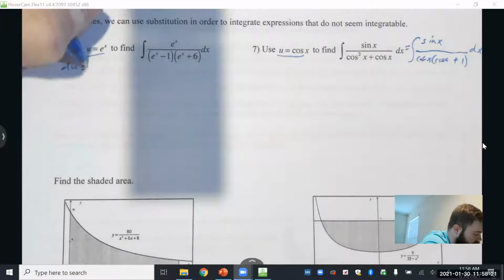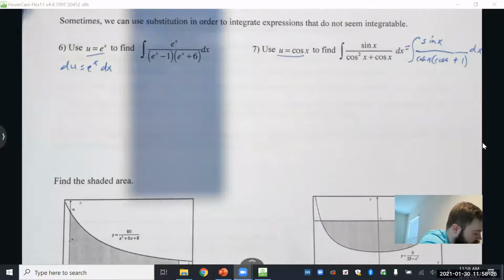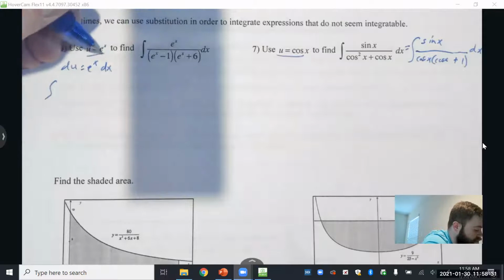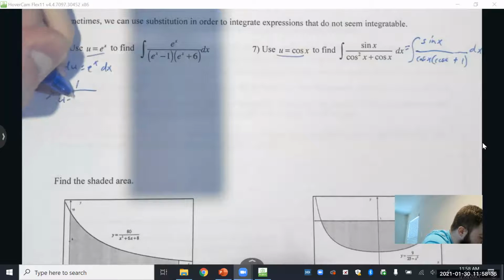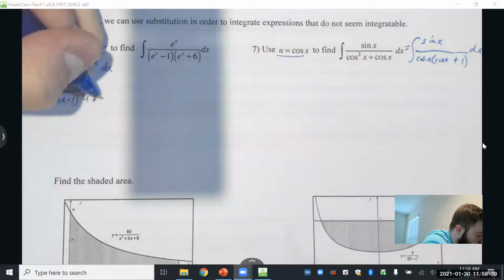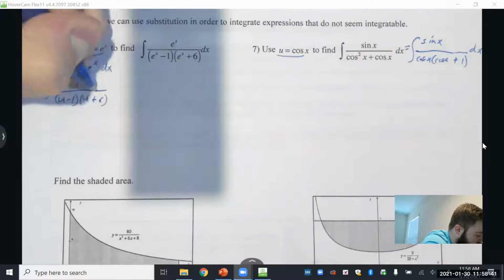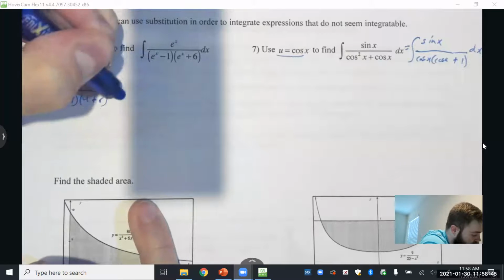Well, du would then be e to the x dx, which is that whole piece there. So then this would end up becoming the integral of 1 over (u minus 1) and then (u plus 6) du, not dx, du.